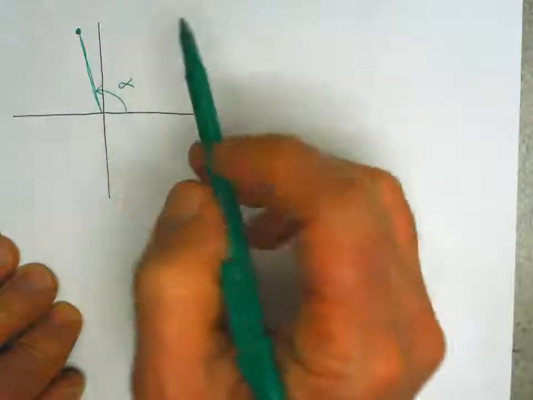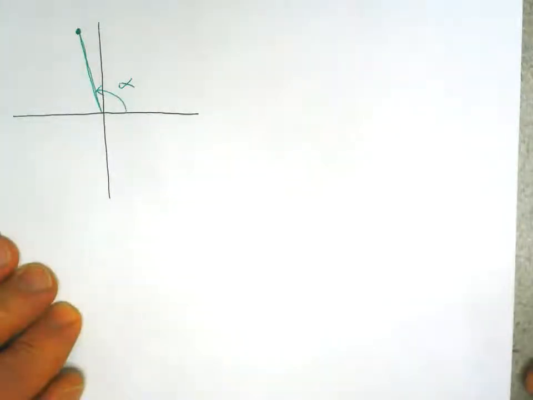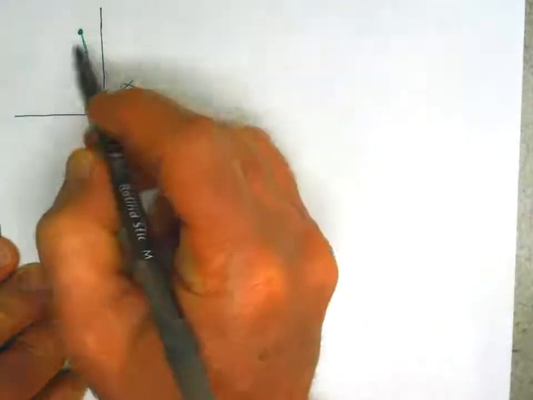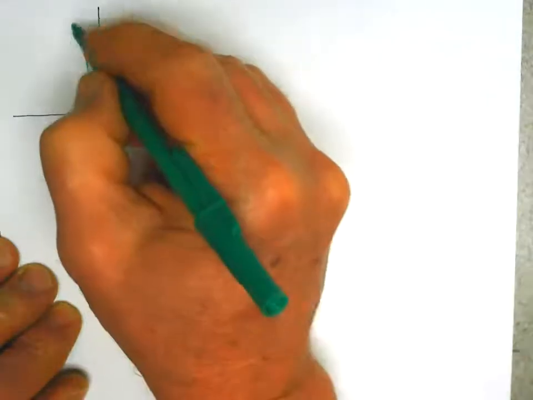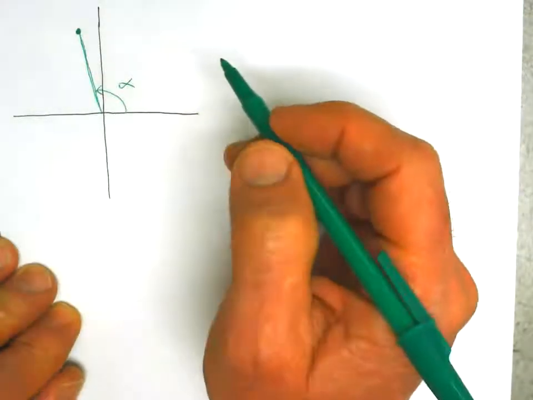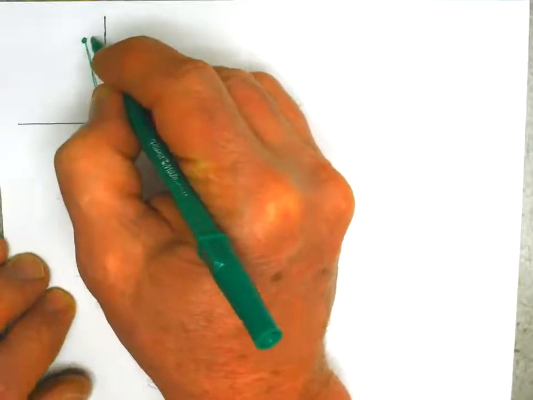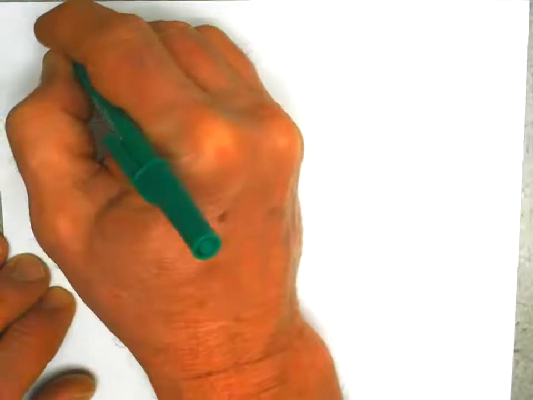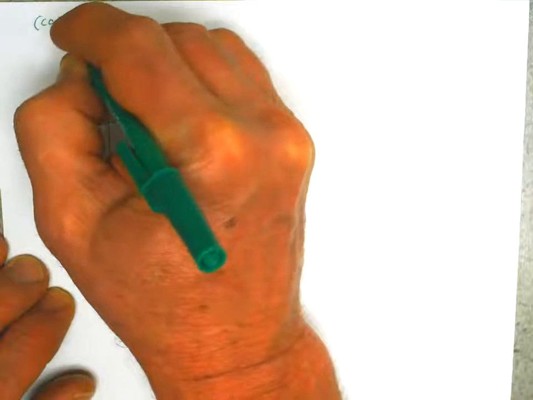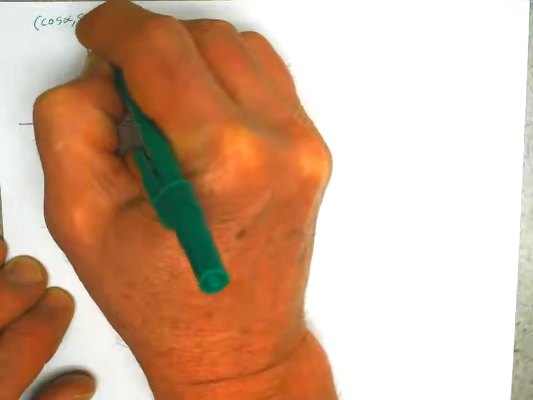I'm not going to draw the unit circle, but just think of the endpoints as being points on the unit circle. And so the coordinates of this point are cosine of alpha and sine of alpha.